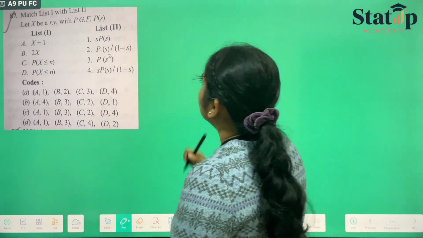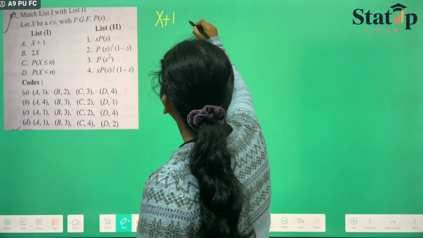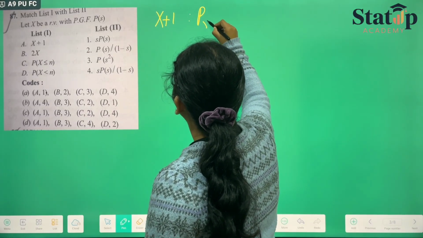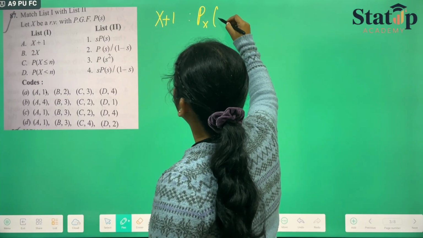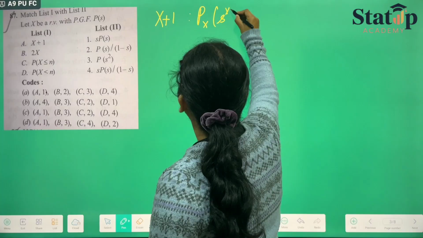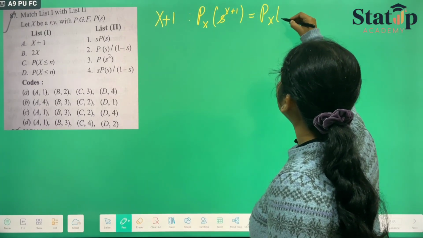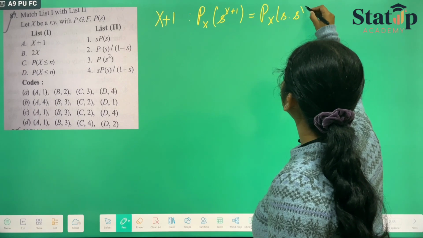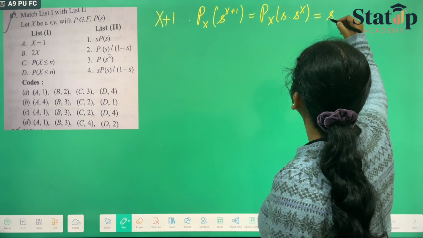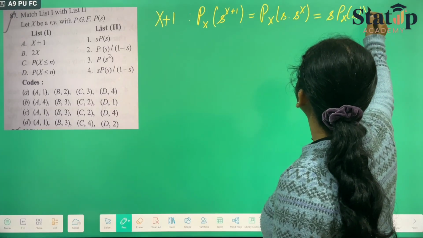First of all, A is given as X plus 1. If we have to calculate for X plus 1, the PGF of X plus 1 can be written as s raised to the power X plus 1, which can be written as P_X(s) into s raised to the power X, which can also be written as s times P_X(s).